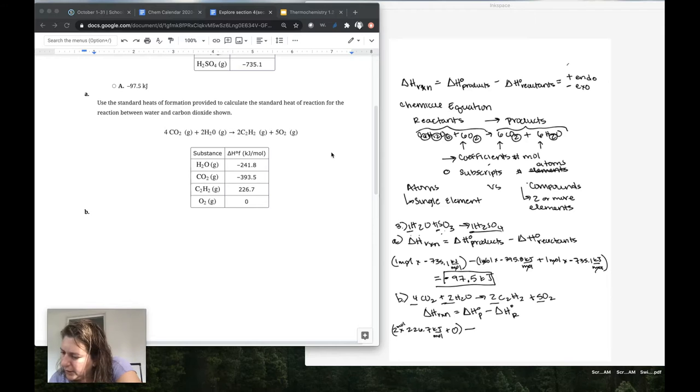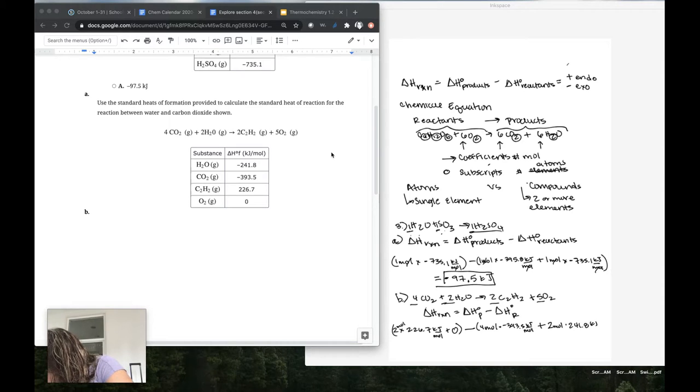Our first reactant is the 4CO2. So we're going to multiply that by 4 moles times the value in the table, which is negative 393.5 kilojoules per mole. And then I'm going to add that to my other reactant, and I have 2 moles of that, so that's 2 moles times the value of H2O from the table, which is 241.8.